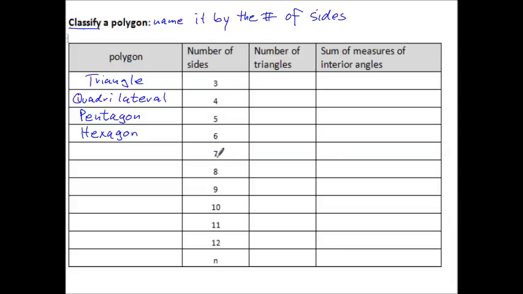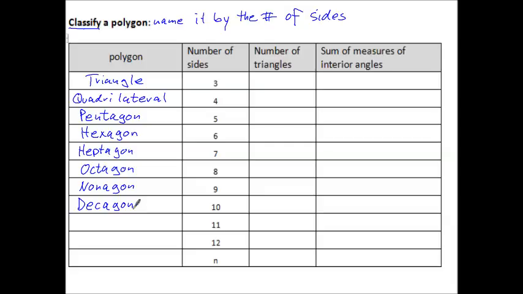With 7 sides, we have a heptagon. 8 sides, we got an octagon. With 9 sides, we got a nonagon. 10 sides gives us a decagon. And just think about decade or other words like that. Decathlon, that always means 10.